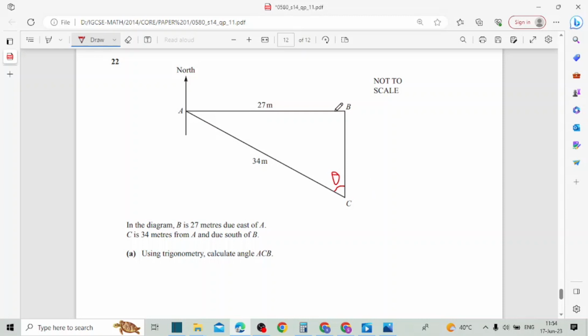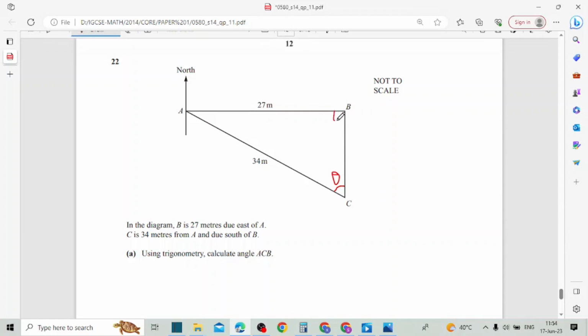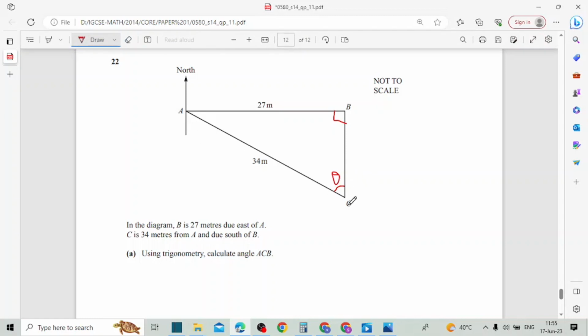Since it's a right angle, how to find it in trigonometry? Trigonometry works on right angle triangles. So using trigonometry, calculate angle ACB. ACB is this one we have to find.